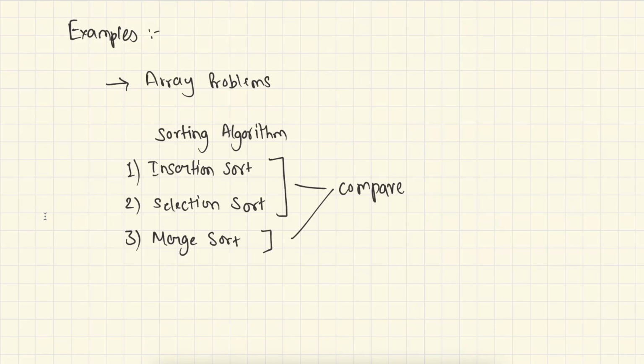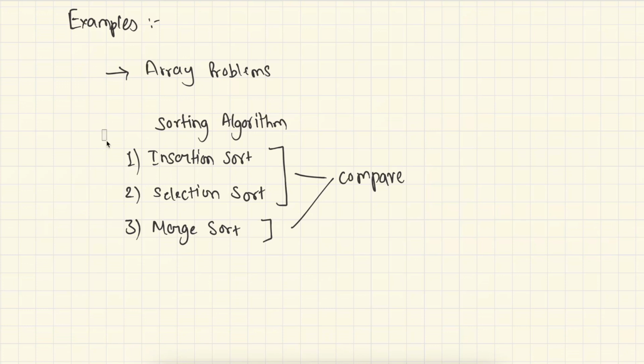Let's say if I talk about sorting algorithms, insertion sort and selection sort are in-place algorithms. It means when you pass an array to this function, they are going to sort the array in place. So these two algorithms do not require any extra space or any extra array to sort an array, right? On the other hand, merge sort also takes an array as an input, but merge sort is a recursive solution, and in merge sort we generally have to create a new array and allocate memory for the new array to sort the existing array, right?